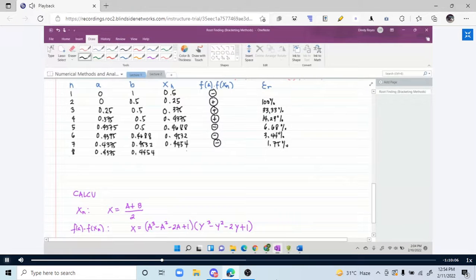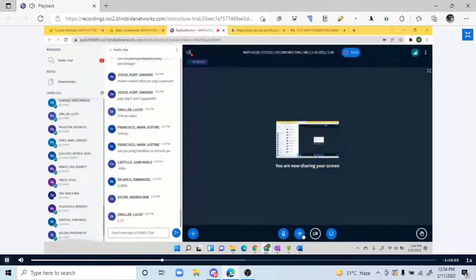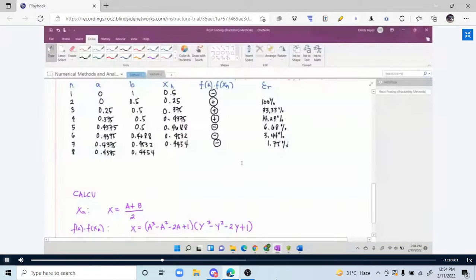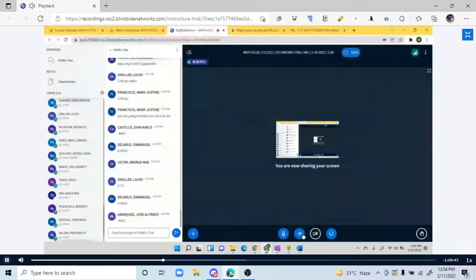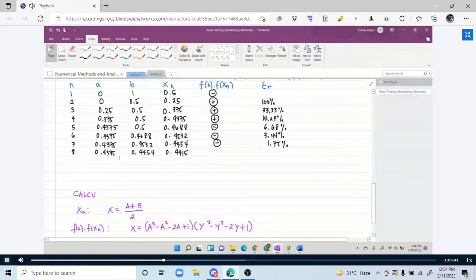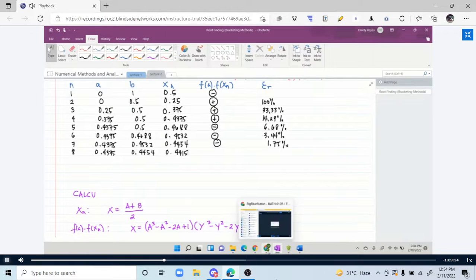What is x sub 8? 0.4415. And then what is the sign of f of A times f of x sub n? Sign here. F of A, f of 0.4375. F of x sub n, f of 0.4415.